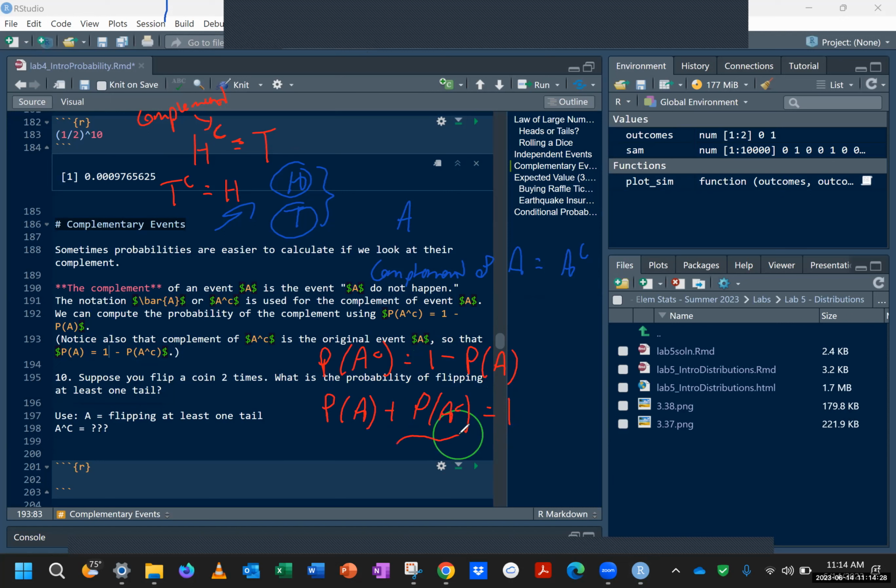This means if I add up 2 complementary probabilities, they always add up to 1. This is because I've accounted for all possibilities. Either A happens, or A does not occur. So this rule is nice for finding probabilities that are often harder to find without it.